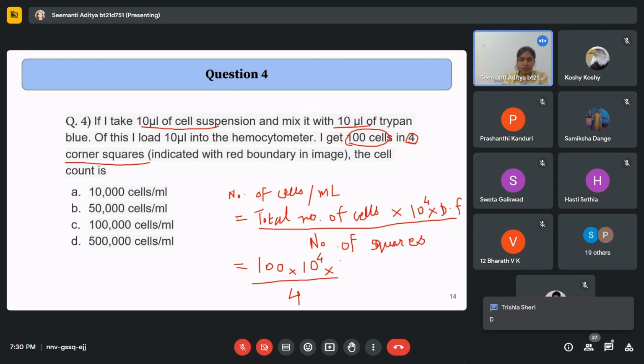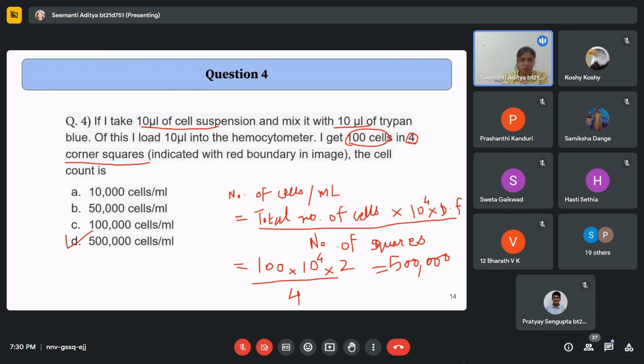So the dilution factor is 2. If the dilution factor is 2, then the answer becomes approximately 500,000. So the correct answer is option D.